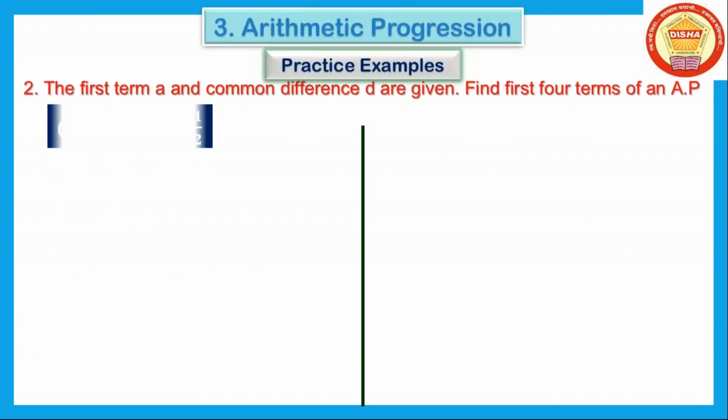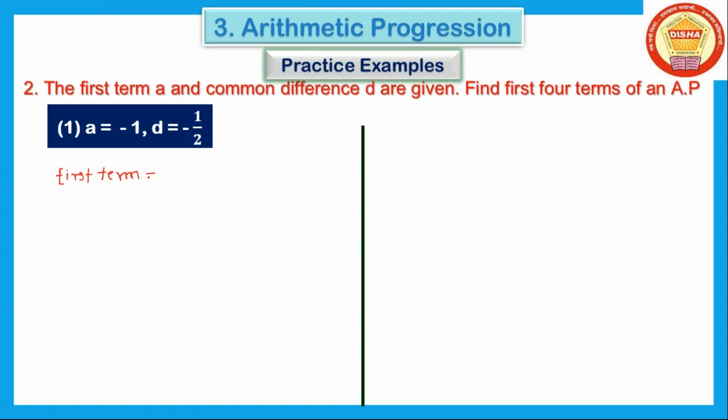Then again we take a second example to understand how to form an AP. Here the first term is given. The first term, which we consider T1, is equal to A, which is equal to -1. Then the common difference is again given here, in fraction form. That is equal to -1/2.